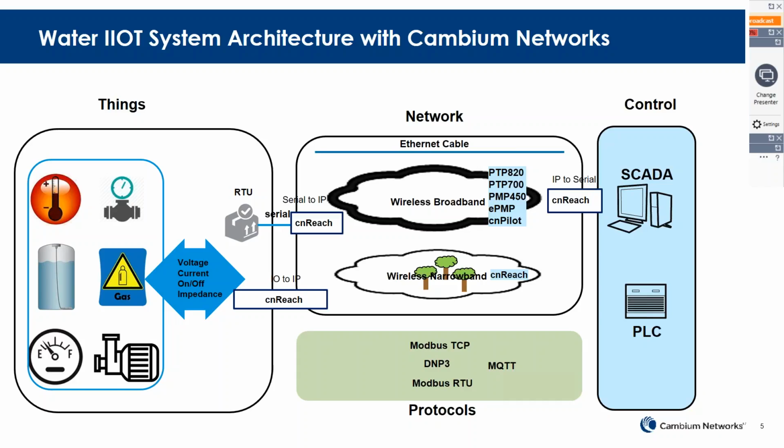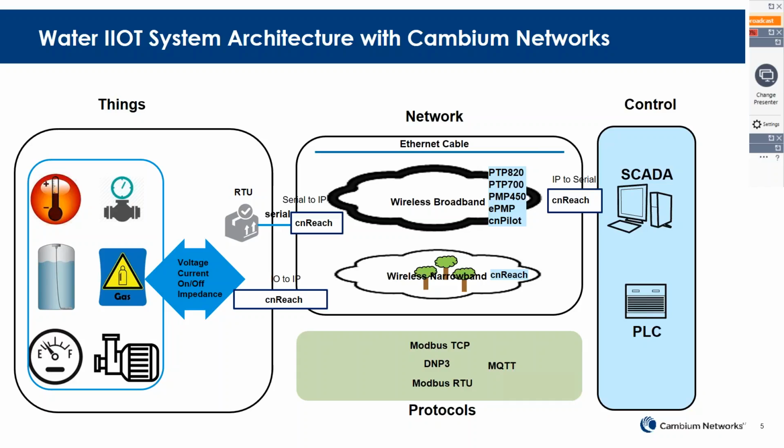If you have some traditional SCADA system, you will connect your things to the RTU. You can use a Cambium cnReach to convert your serial data into IP, and then this serial data can now be carried over our wireless broadband network.